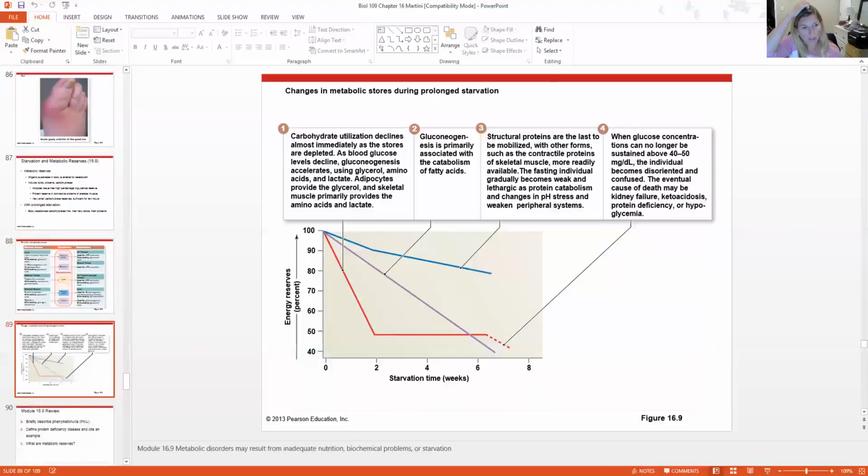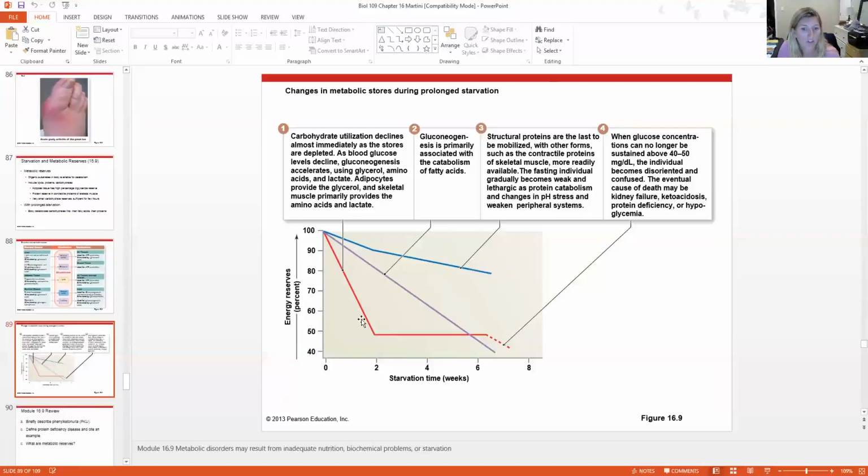So this chart is showing you changes in the metabolic stores over time in weeks. You have the carbohydrate line, the fatty acid line, and then the protein line. This shows how our energy reserves are declining over weeks.